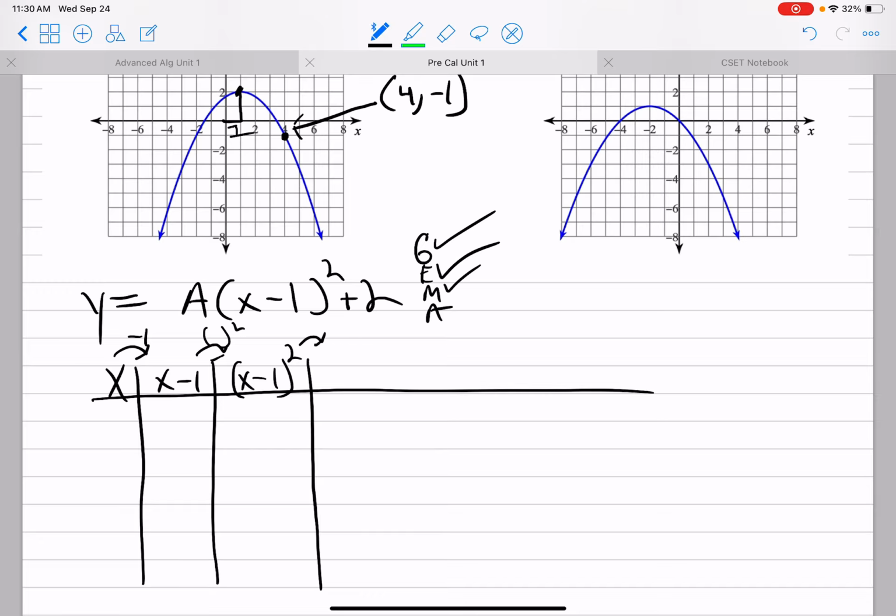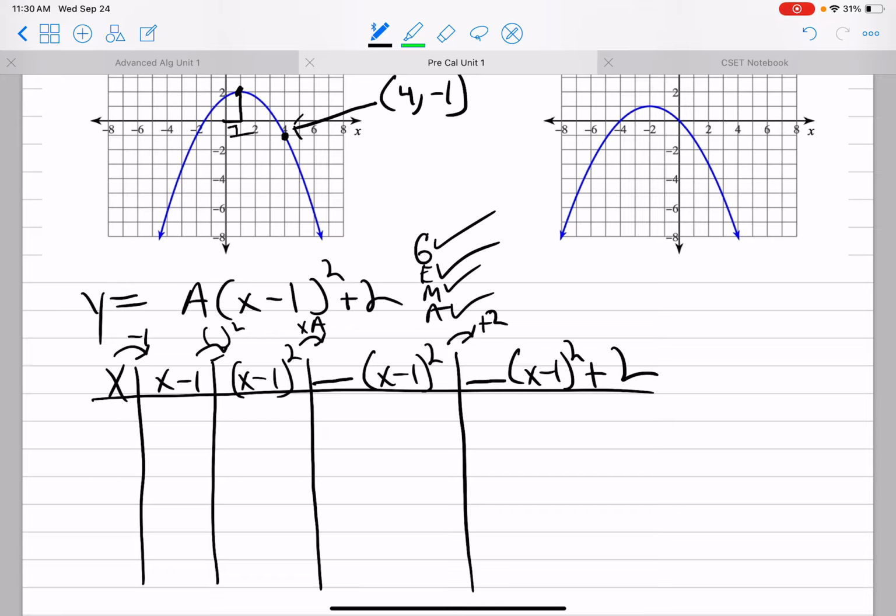So that's where I get times a. So I have something, because I don't know what a is, times x -1 squared. And finally, I gotta check my adding and subtracting. I end up with a +2. So I have something that I don't know, times x -1 squared plus 2. All right, now I've built my Gemma table.